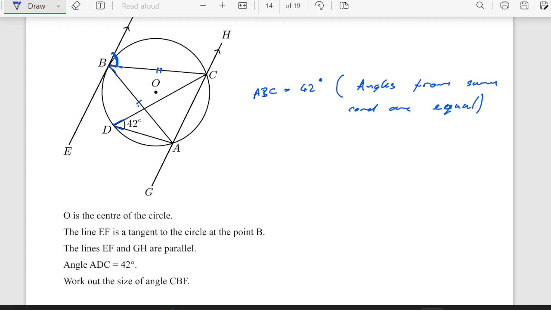So that's got to be an isosceles triangle. Actually, I should have said triangle ABC must be isosceles, as lines are parallel.